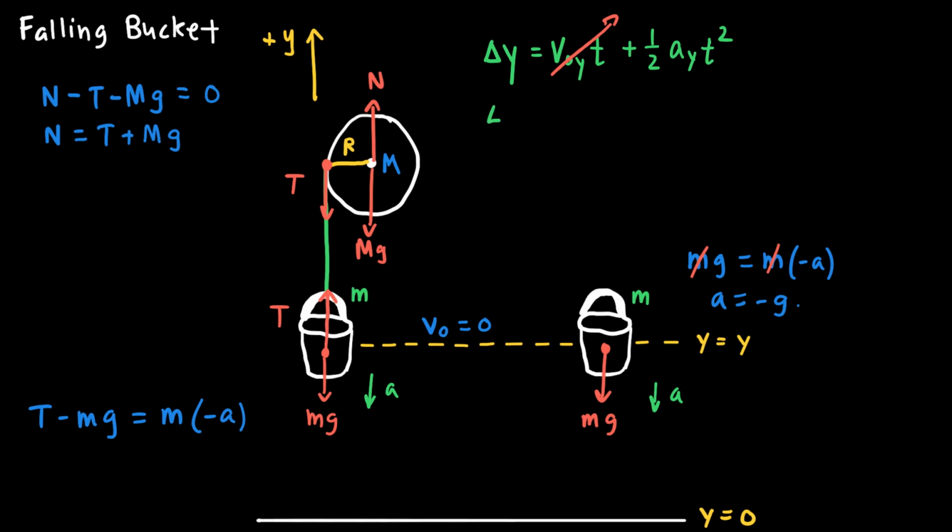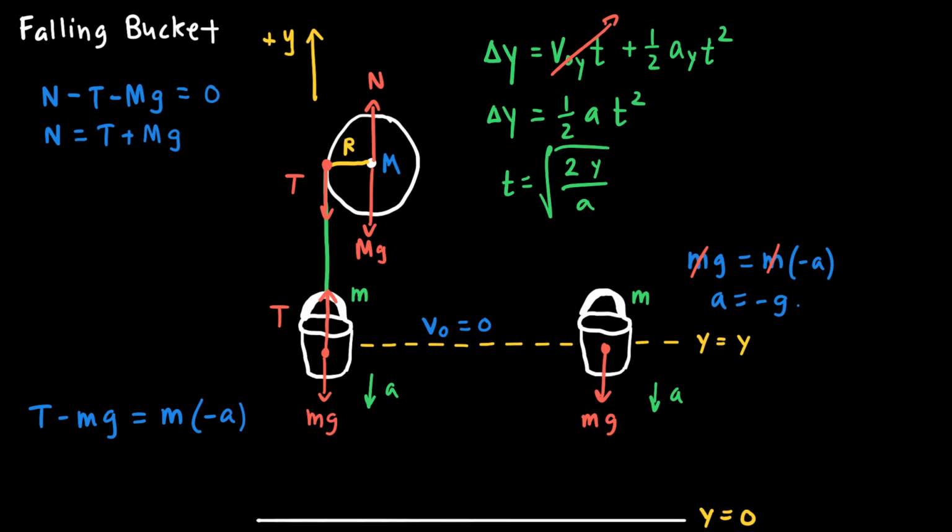And I can find that any change in height is equal to 1/2 the acceleration times time squared. And so the amount of time it would take the object to fall some vertical distance y is this equation rearranged for t. So t is the square root of 2y divided by a, which we've seen before.